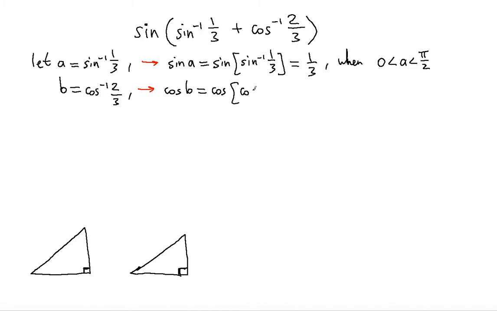And we know this is equal to essentially 2/3, the input of the inverse function for the cosine. And that is only true when 0 is less than B is less than pi over 2.